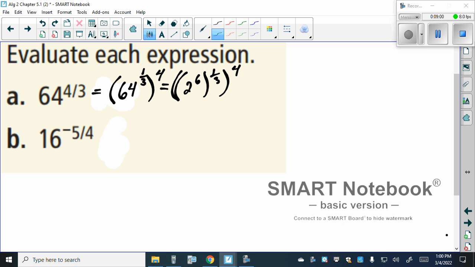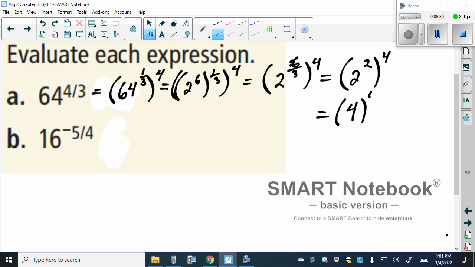Now, 1/3 times 6 is 6/3, yes? But what is 6 divided by 3? 6 divided by 3 is 2, yes? 2 squared is what? 4, yes?